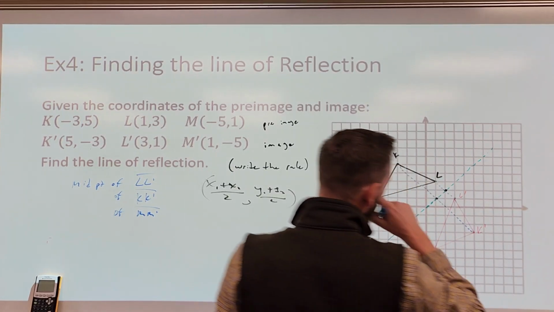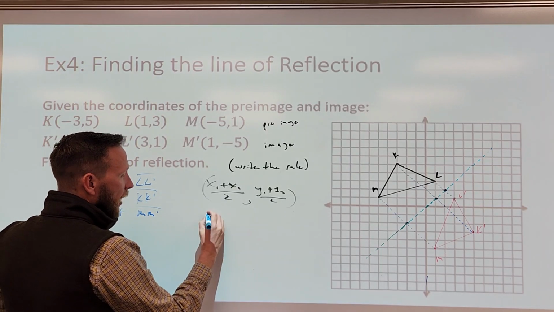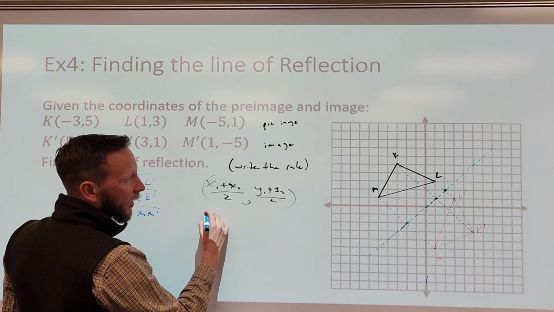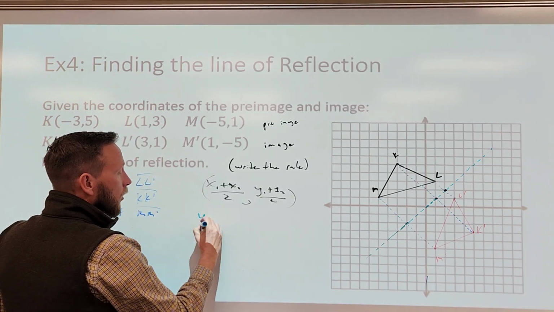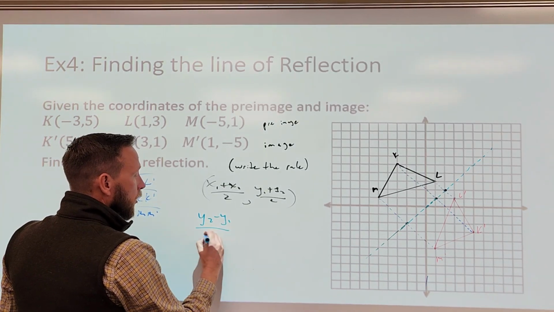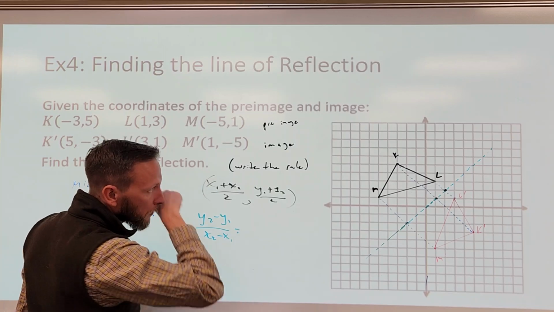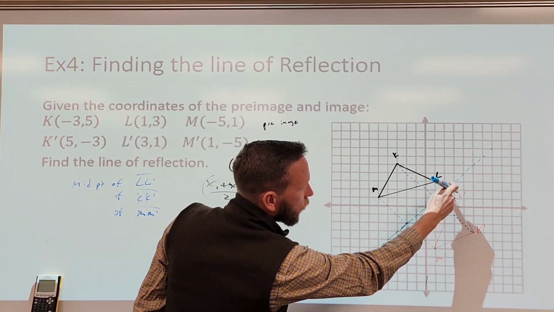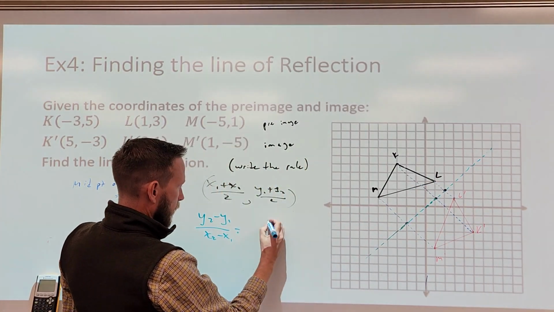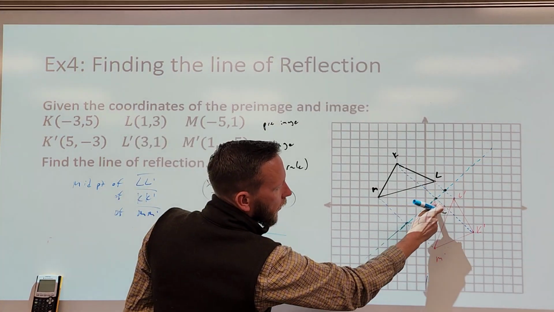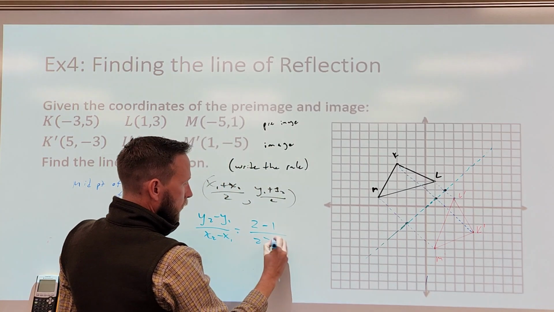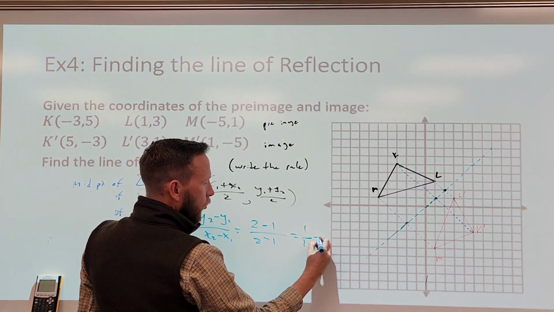So if we're going to write the equation of this line, then we need to have 2 x comma y's, so we can find out what the m is, or we can count rise over run. I'm going to do a little spoiler alert here and say that the slope is going to be 1. So if I have this point, which is 2, 2, and this point is 1, 1, I'm going to get 1 over 1, which is 1.